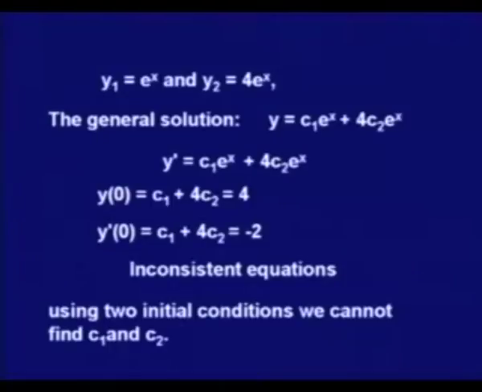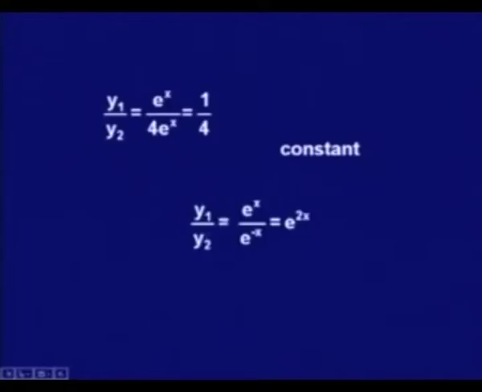What is the problem? See, here there is the choice of y1 and y2. If I take this ratio, it comes out to be 1 by 4, a constant for all x. Whereas earlier, our choice was e to the power x and e to the power minus x, whose ratio was e to the power 2x.